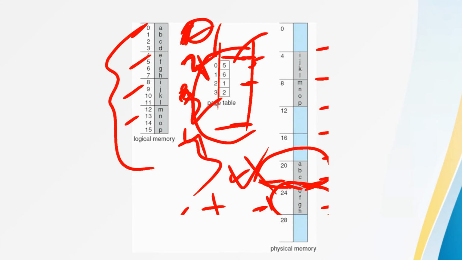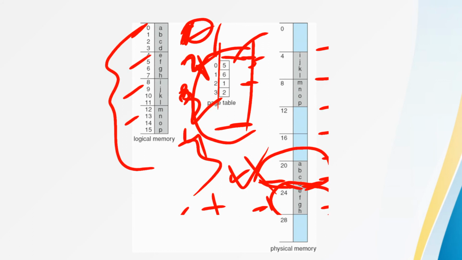Okay, next page 2 is in frame 1. So 1 into 4 equals 4.